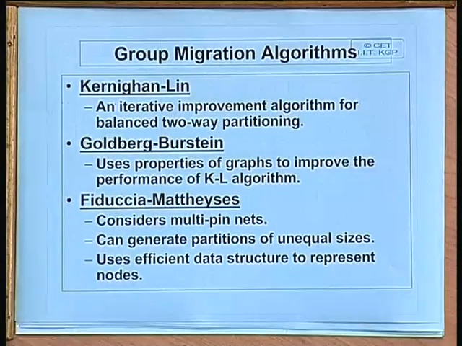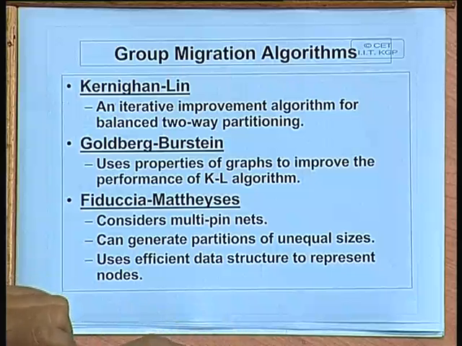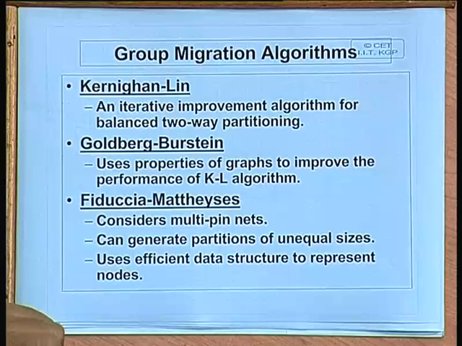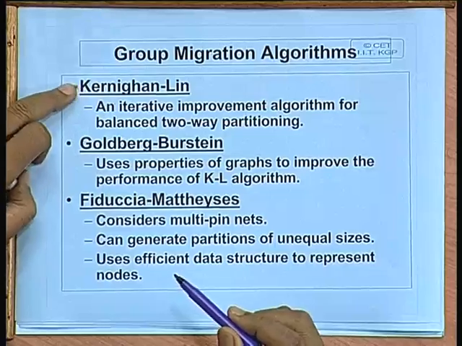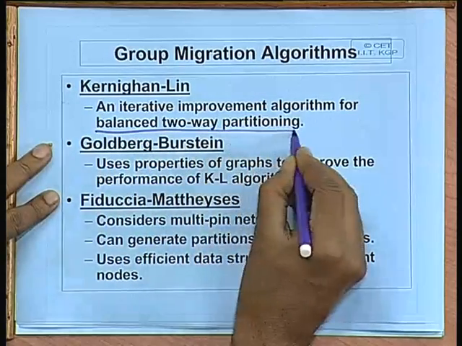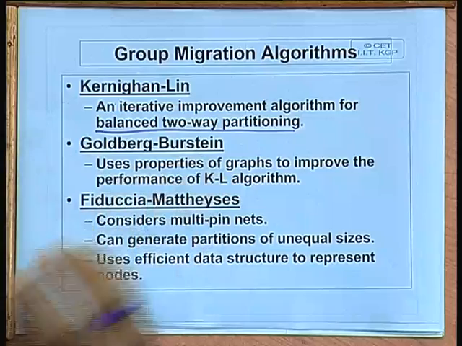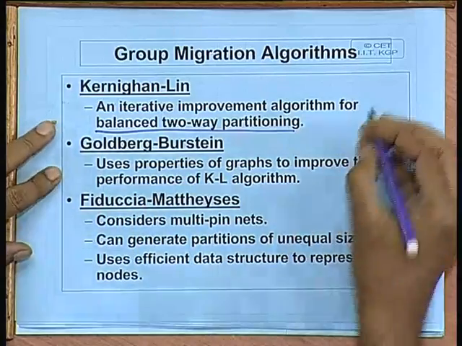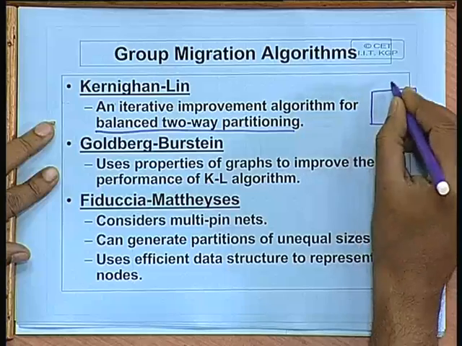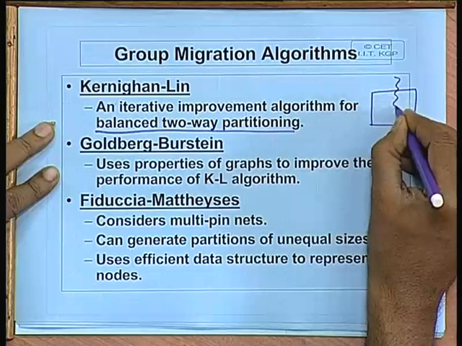This Kernighan-Lin algorithm we had discussed with regards to our discussion with respect to high level synthesis. This we had said is a balanced two-way partitioning algorithm, the basic version. Balanced two-way partitioning means given a system, I want to divide it up into two equal halves.